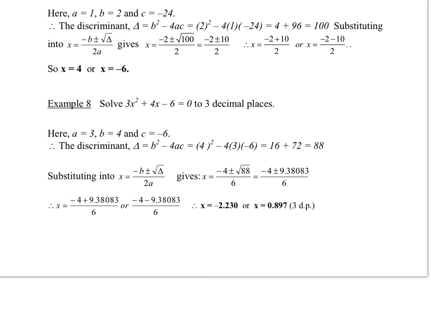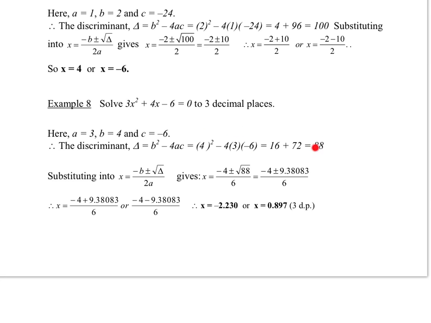In example 8, it's a very, very similar process. The a in this example is 3, the b is 4, and the c is negative 6. And it's really just about plugging those values into the equation. The delta, b squared minus 4ac, is equal to b squared minus 4 times a times c, which is negative 6.